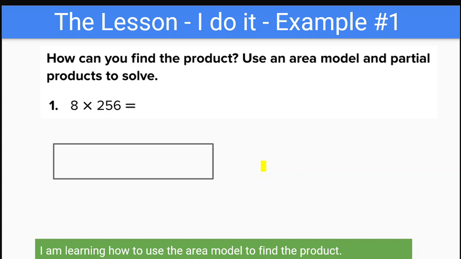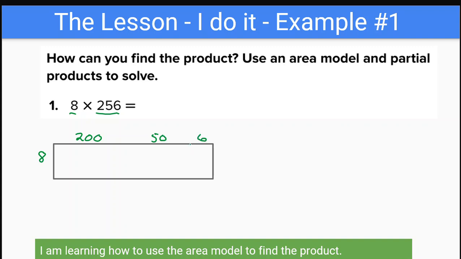You ready? It says, how can you find the product? Use an area model and partial products to solve. Okay, let's do it. Here we go. It says 8 times 256. Well, I'm going to put the 8 over on this side because it's a small number and that's a small side. We're going to decompose 256 into 200 plus 50 plus 6.